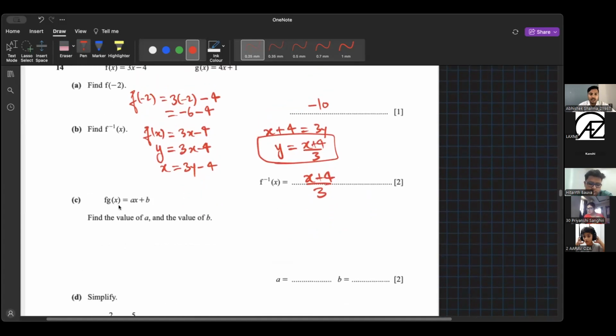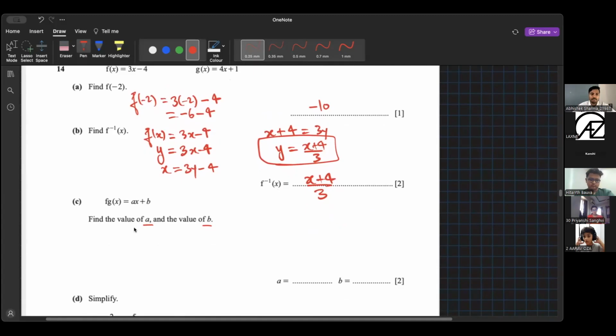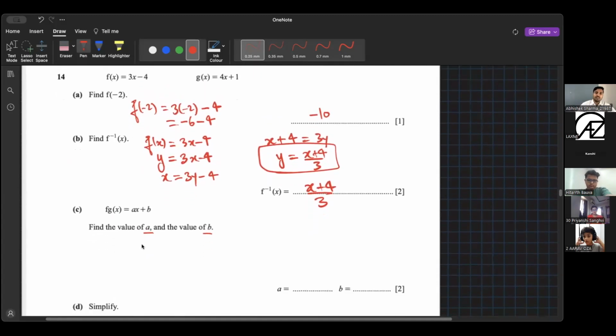Part C, f of g of x equals ax plus b. It is already given to us and says find the value of a and the value of b. That means if we write the equation like this and convert it into the general form given to us, we'll get the values of a and b by comparing the coefficients. Let's find what is g of x. f of x is 3x minus 4 and g of x is 4x plus 1.